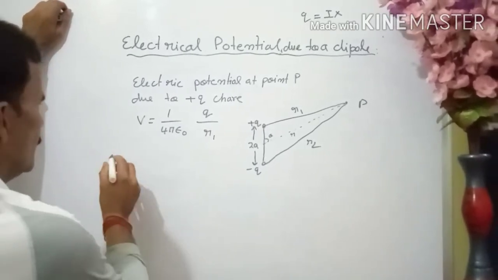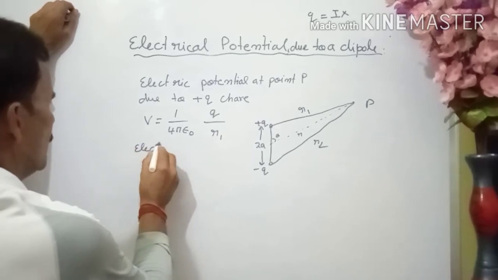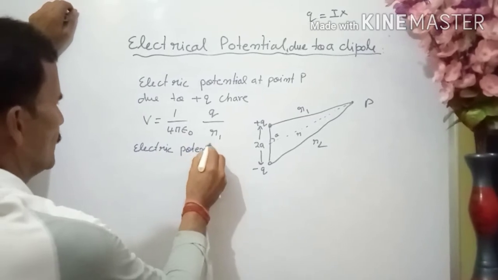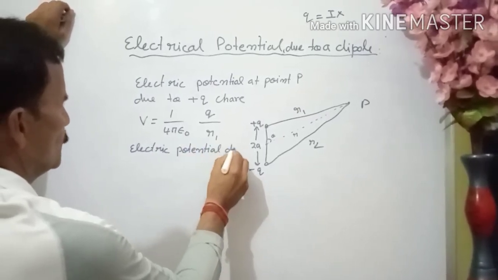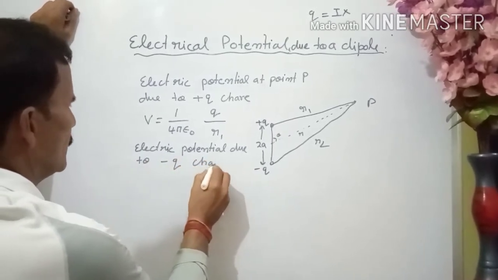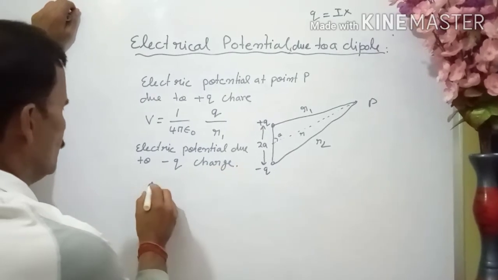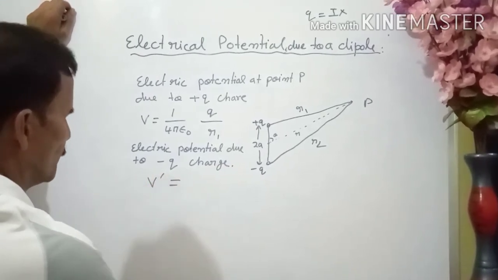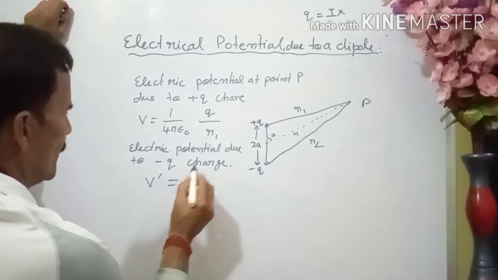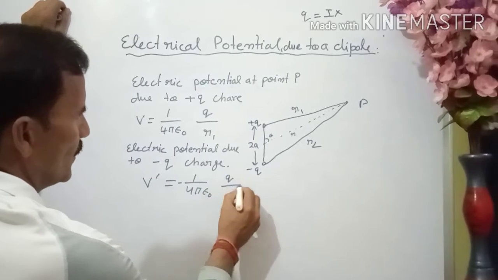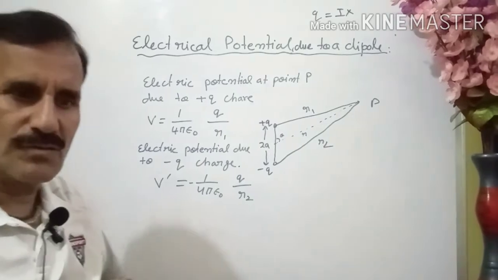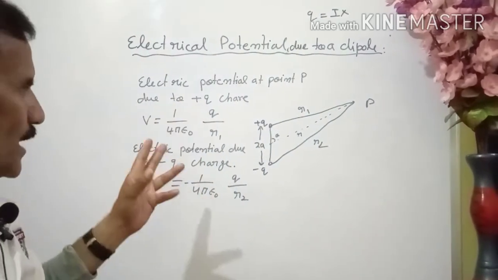And similarly, the electric potential due to minus Q charge is V dash, suppose. So it is 1 upon 4 pi epsilon naught times minus Q upon R2. Now since it is a scalar quantity, you can directly add them.